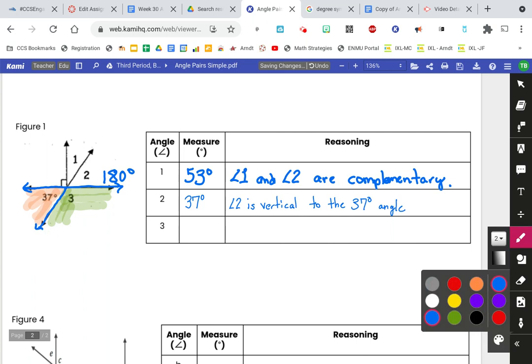I know that those two angles are supplementary. So to find angle 3, if they're supplementary, they would sum to 180 degrees. I just take 180 and subtract 37.